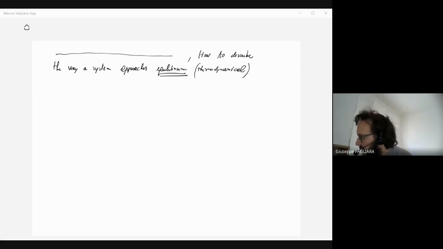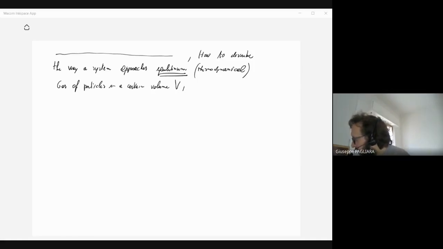is the case in which we do not have a localized and independent system, but we'll consider another system now, which is a gas of particles in a certain volume, V. Suppose that these particles are classical particles, namely, one can define the position and the momentum of those particles.